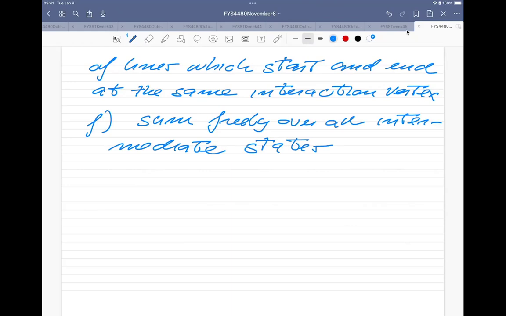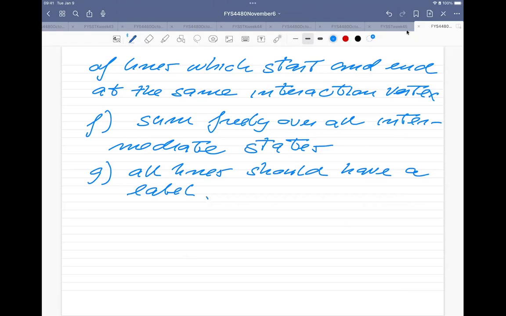Okay, then there is even one, all lines should have a label. This is pretty obvious, should have a label, whether they are particle states or hole states.